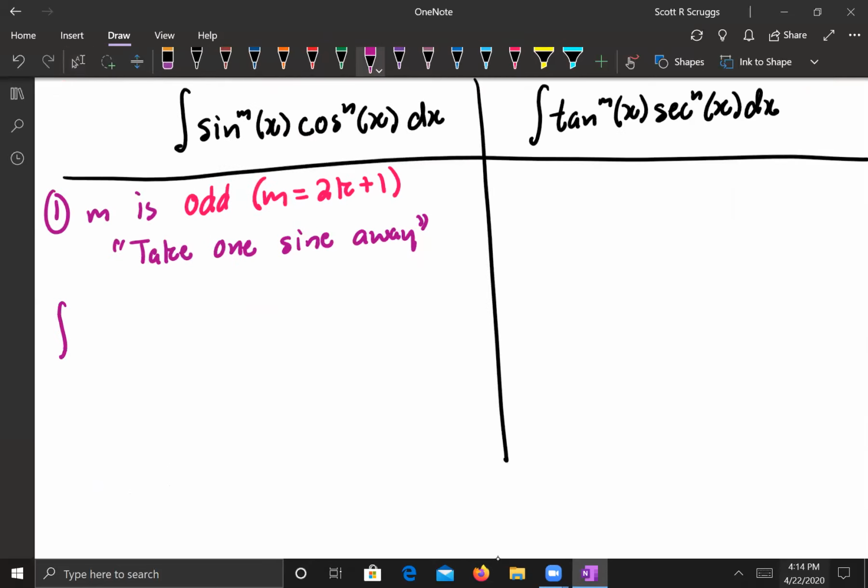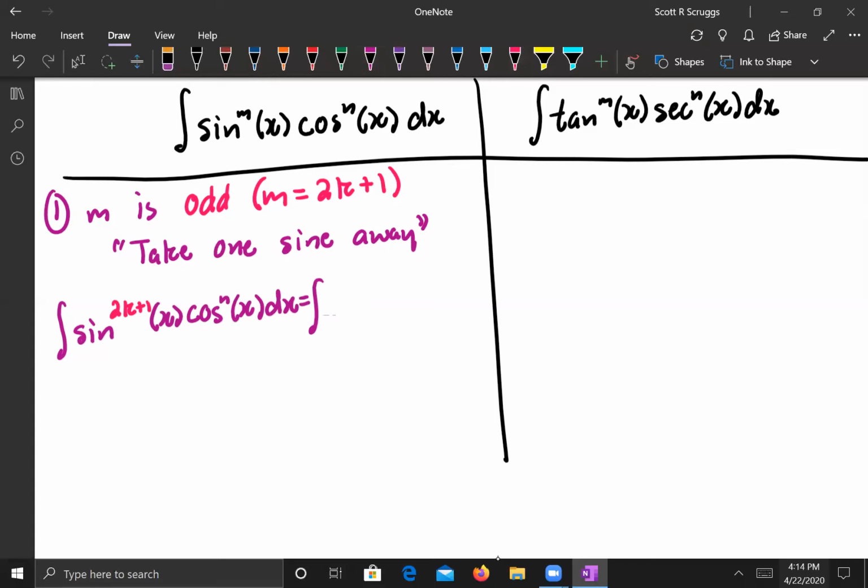So that means in my integral of sine to the m, since I know it's odd, I'm going to rewrite it as sine to the 2k plus 1 times cosine raised to the n of x, which equals sine raised to the 2k power.